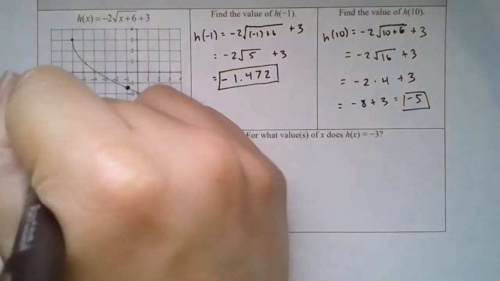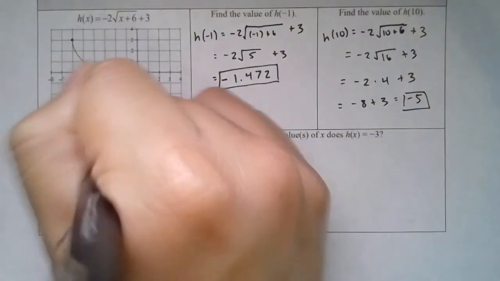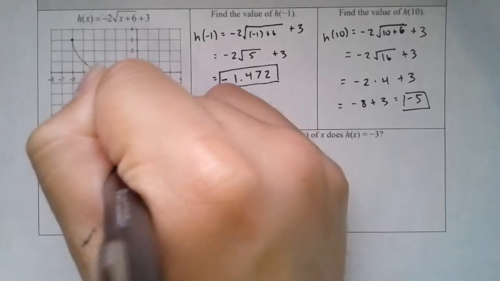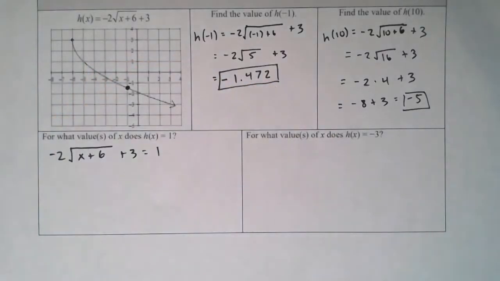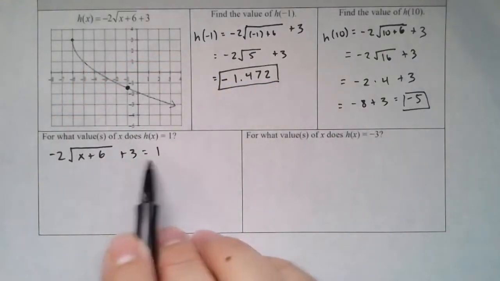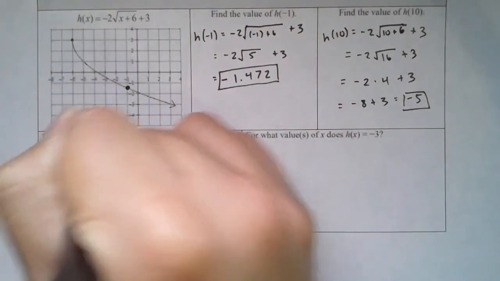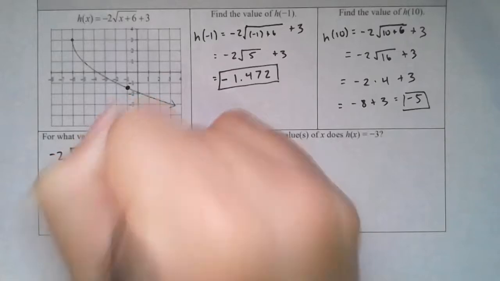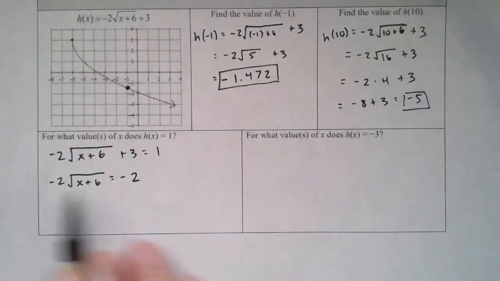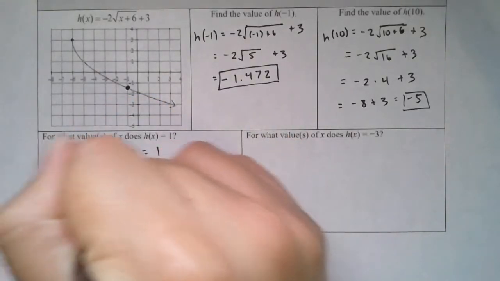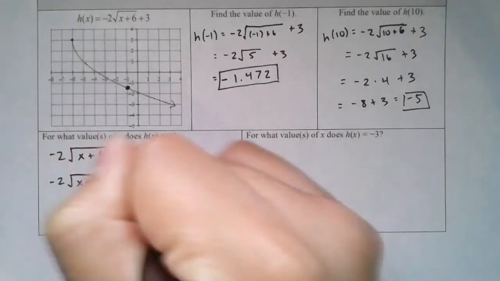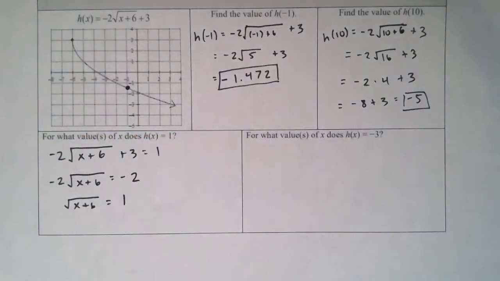So -2 square root of x plus 6, plus 3, is equal to 1. So we'll solve for x. Subtract 3 from both sides. I have -2 square root of x plus 6 is equal to -2. Then I divide by -2. I'm going to get square root of x plus 6 is equal to 1. To cancel out the square root, I'm going to raise both sides to the second power.